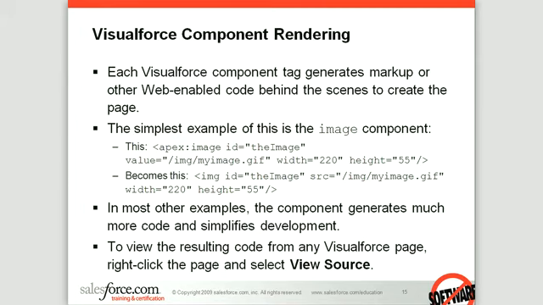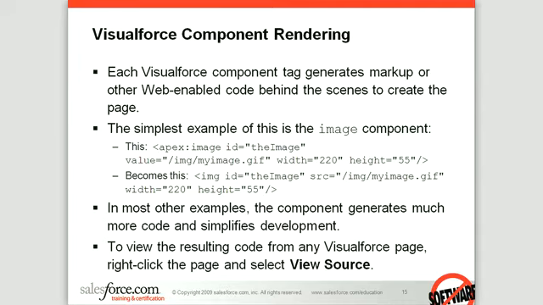here's an example of a tag that does not save you 90%. In the middle here, we have the apex image. Right off the bat, our Visualforce components are identified by the apex namespace. So what you'll see is the tags start with apex colon and then whatever the tag is.